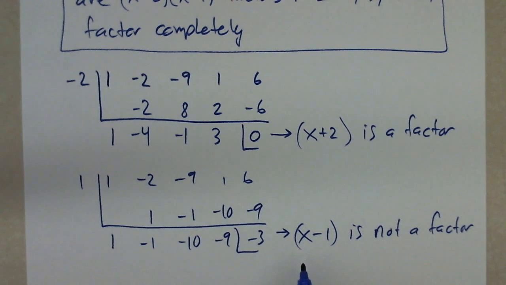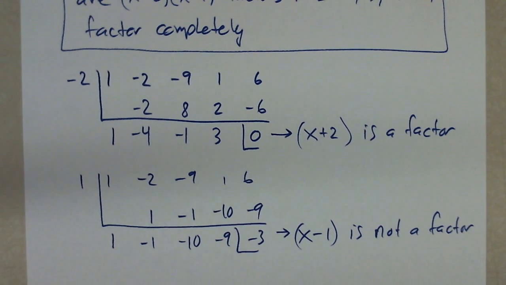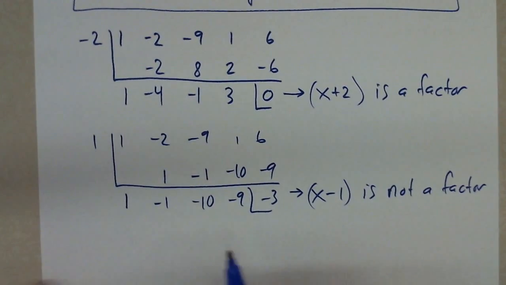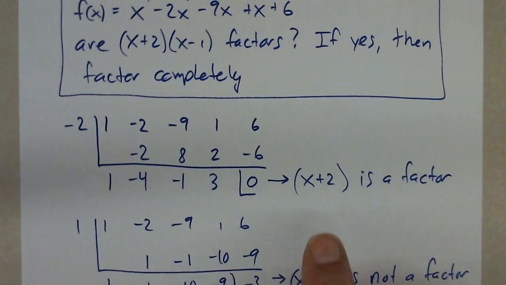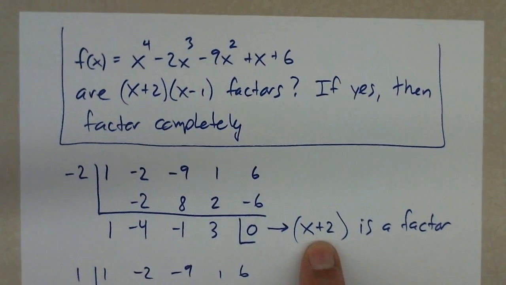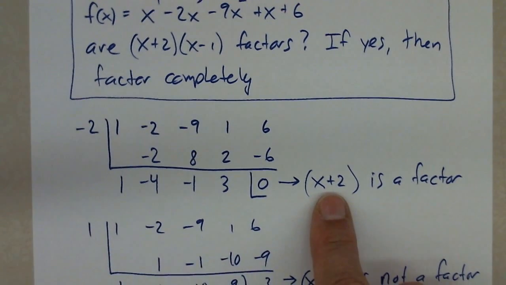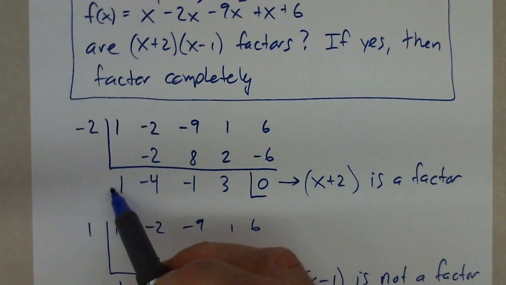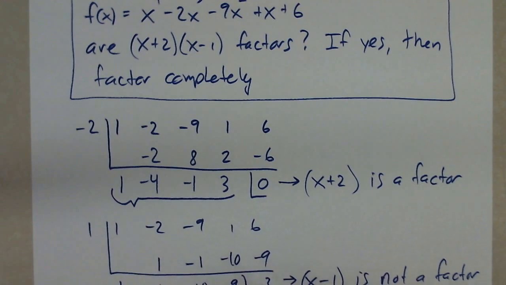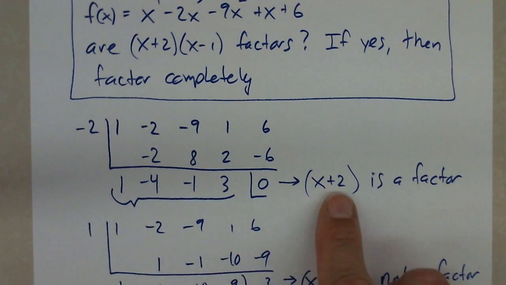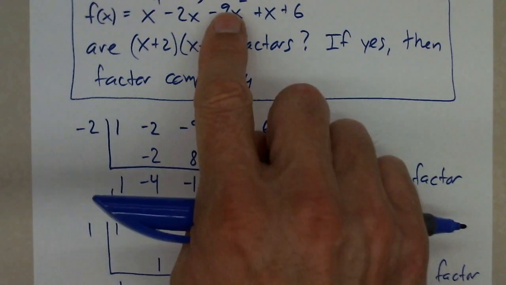So now we have to factor the rest. We're going to use this to factor that, and we need to use this part to find this times this gives us that.